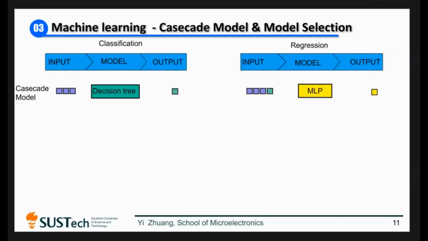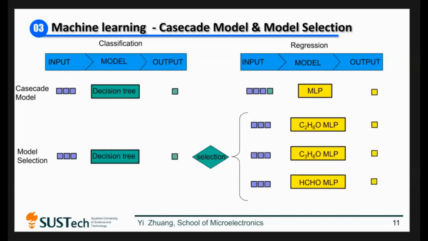For the cascade model, we initially use a decision tree to get a classification result, and then we add the result to the original input as a new input to feed to the MLP to get the regression output.